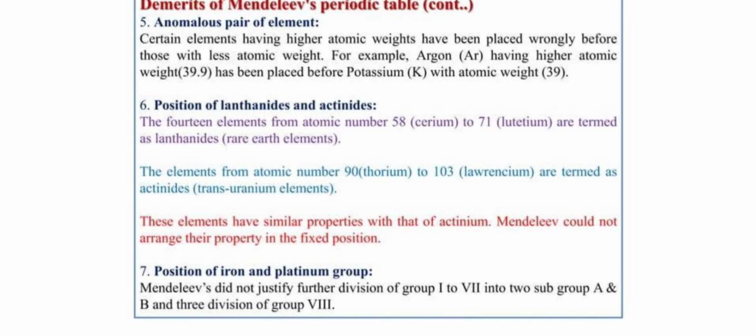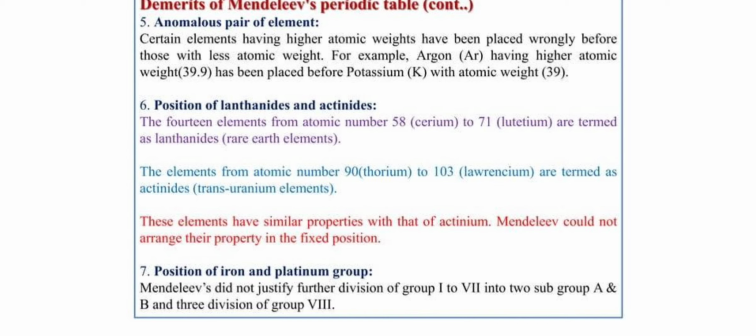Next, demerits of Mendeleev's periodic table: anomalous pairs of elements. Certain elements, this is most important for NEET, must be remembered. Certain elements having higher atomic weights have been placed wrongly before those with lower atomic weights.